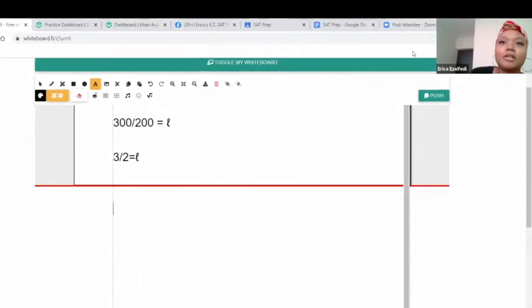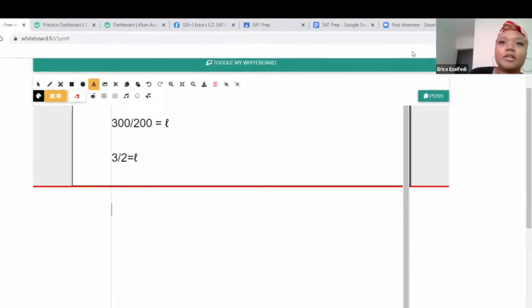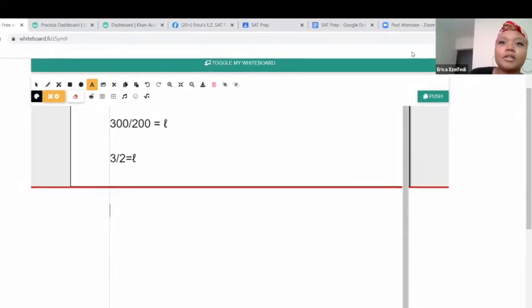H is a constant. P equals 10 is a solution to the equation.